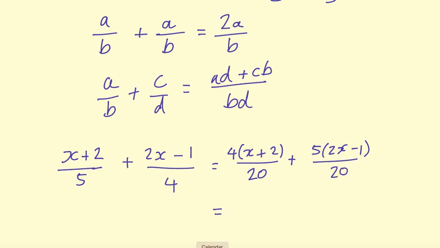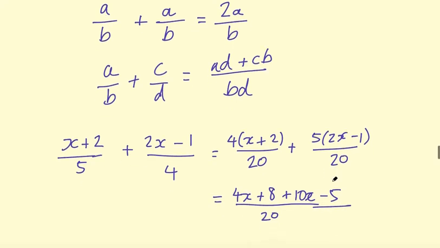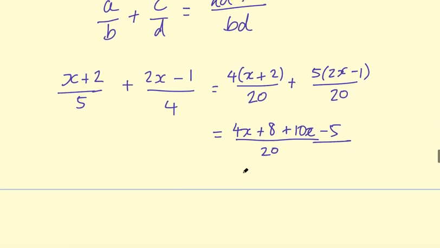So now we have the denominators the same. We can add the expressions on the top line. So we can write that all over 20, and then I'll expand out those brackets so I can simplify. Okay, so then let's have a look at the like terms.